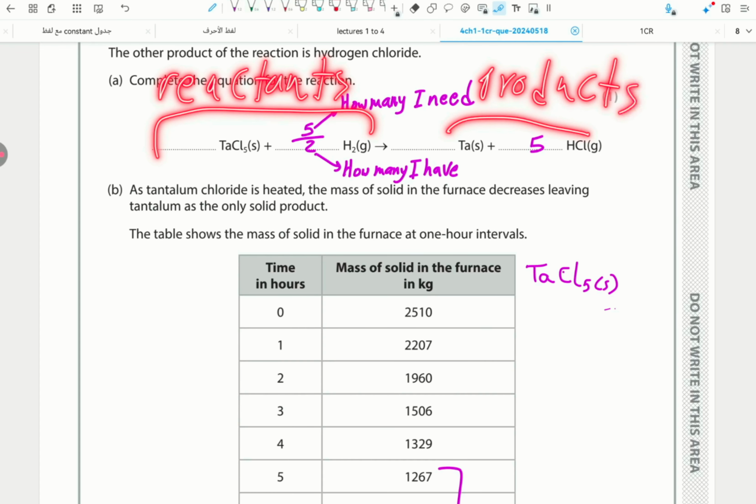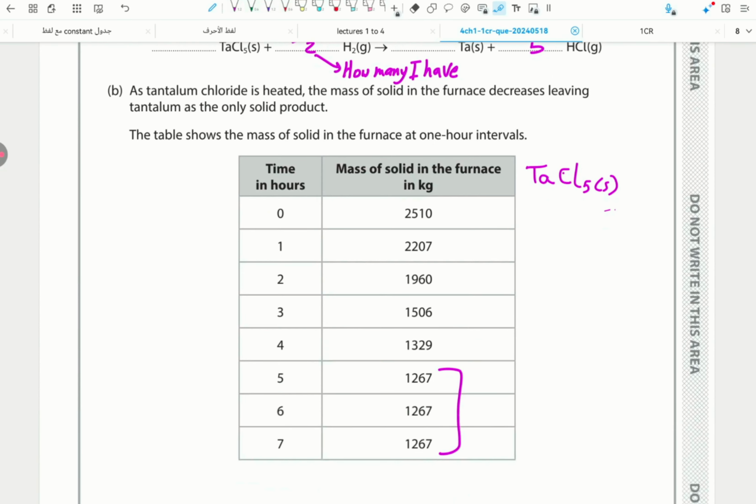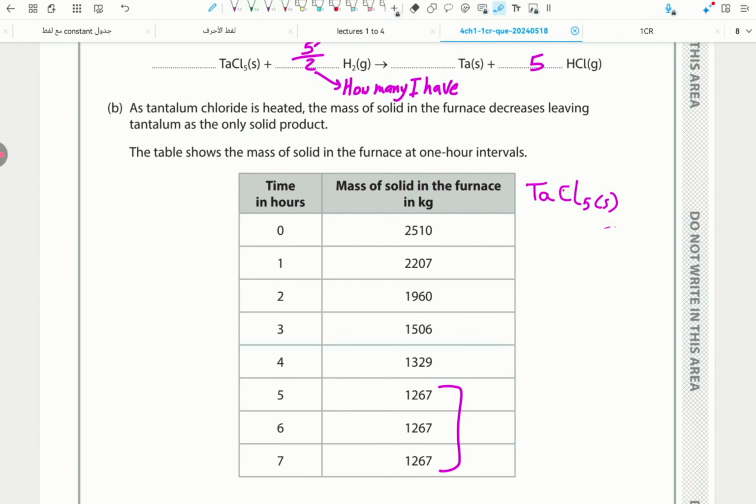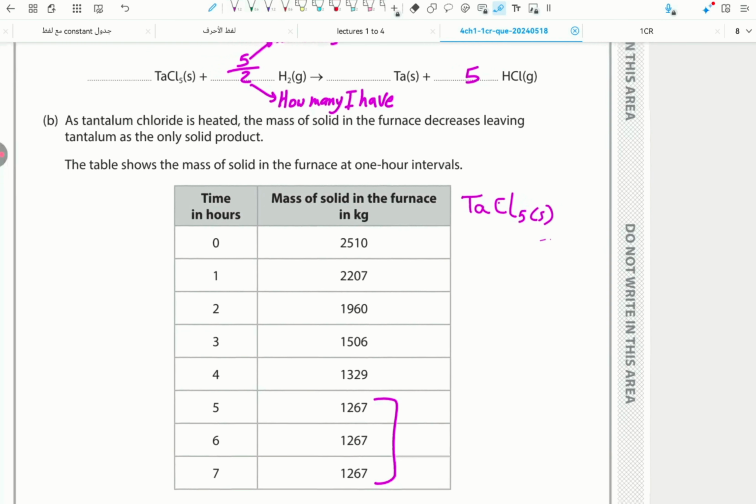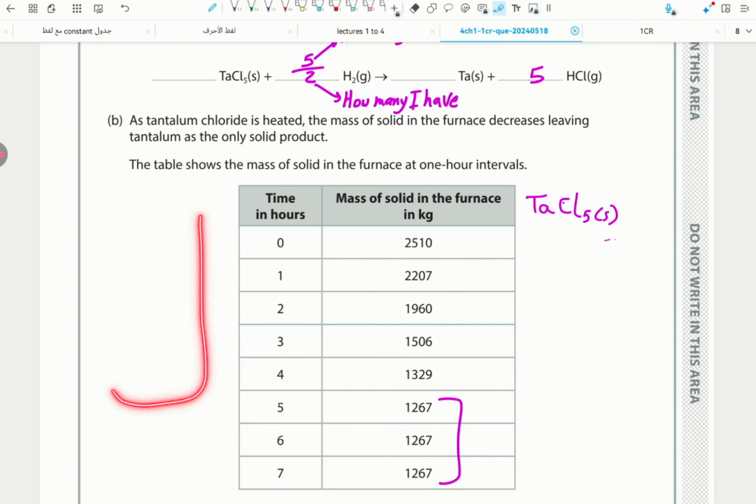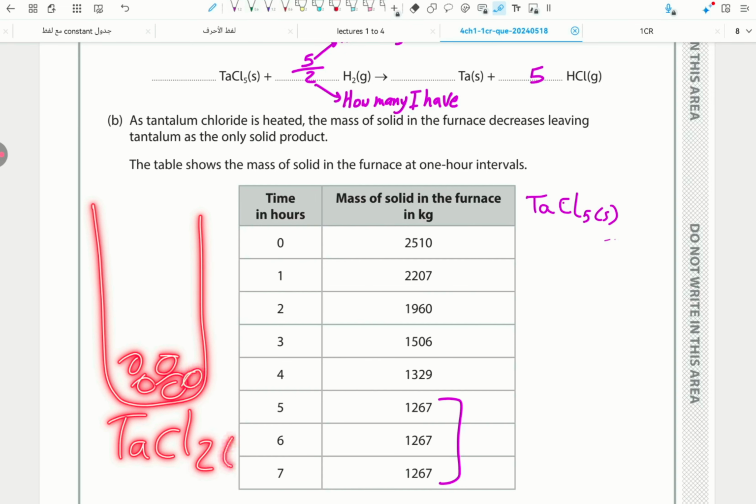Let's see what they want. As you see here, as tantalum chloride is heated, the mass of solid in the furnace is decreasing. This is normal, my friends, because in the furnace we have the tantalum chloride, TaCl5, which is the solid, and of course we have hydrogen.